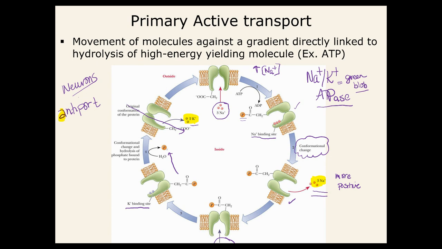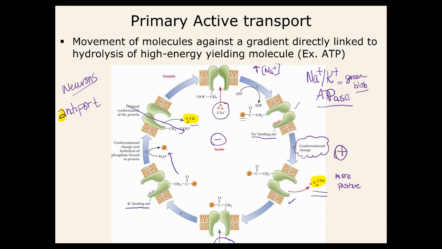And so what we're doing is changing the charge situation between the outside and the inside of the cell. On the outside, it's more positive. On the inside, it becomes more negative. So this is one of our most famous examples of active transport where ATP is involved, phosphorylating the enzyme and allowing for a conformational change that pushes ions, in the case of the sodium ion, against its gradient.